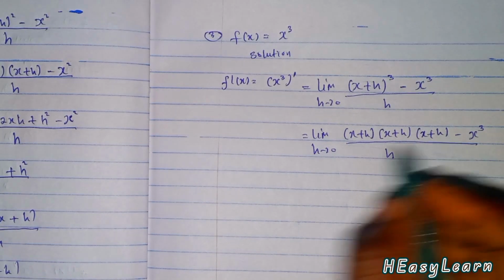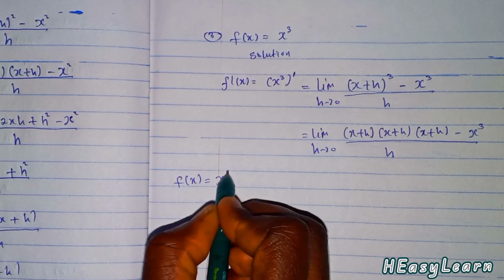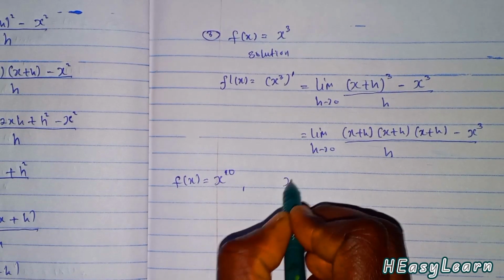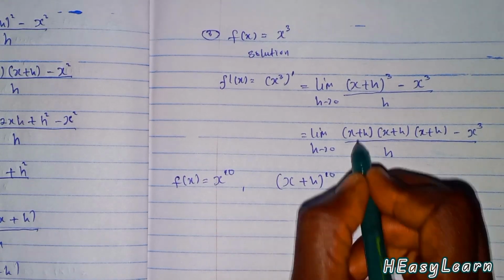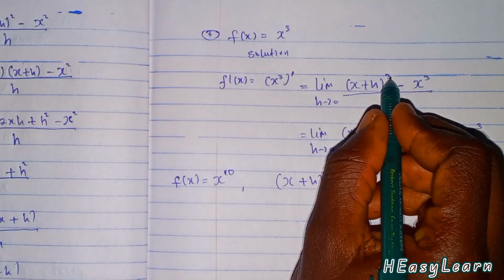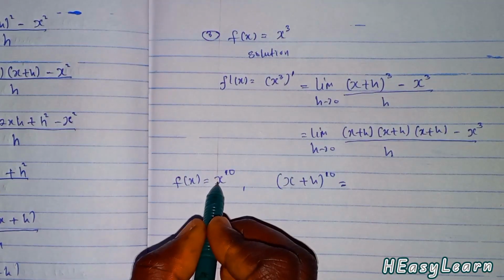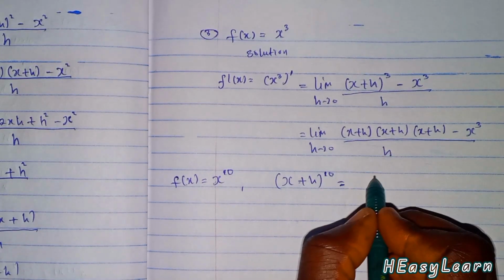What about a case where the function is given to be f of x equals x to the power of 10? In this case, use the binomial expansion of x plus h to the power of 10. This term is x plus h to the power of 3 when the function is x to the power of 3. When the function is x to the power of 10, here it will be x plus h to the power of 10.